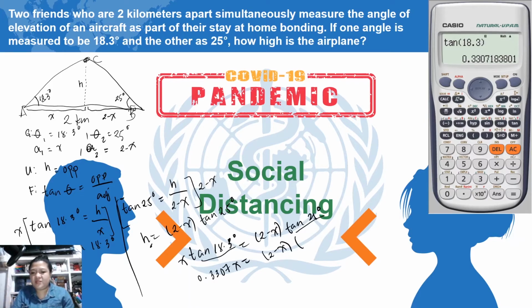Okay, so anong value ni tangent 25? So ang value ni tangent 25 ay 0.4663. Okay, so 0.3307x is equal to 2 times 0.4663 minus 0.4663x.